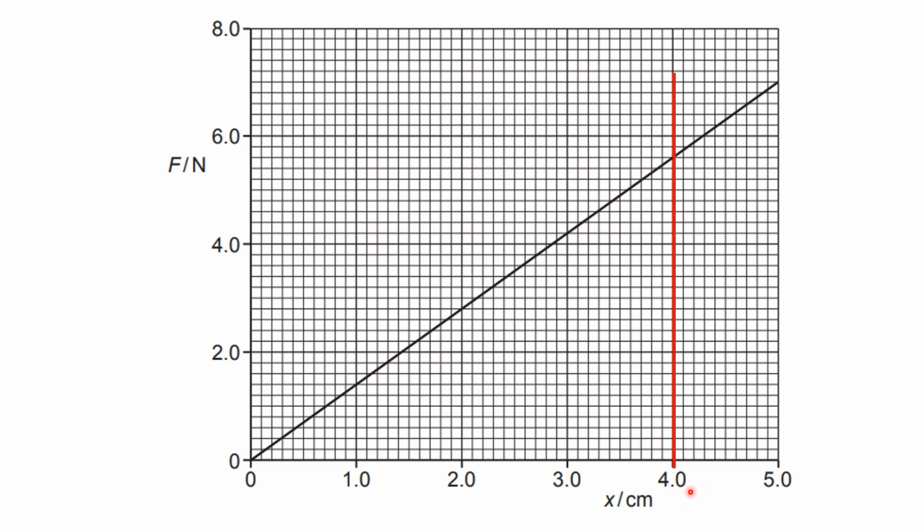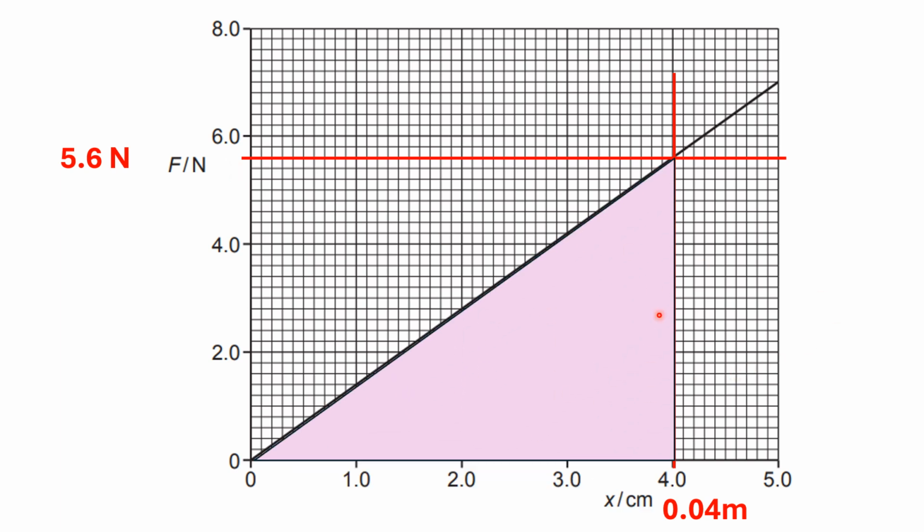At 4 centimeters of extension, the corresponding force is 5.6 newtons. So the elastic potential energy is the area under this line, which is a right triangle. The area of a triangle is base times height divided by 2.